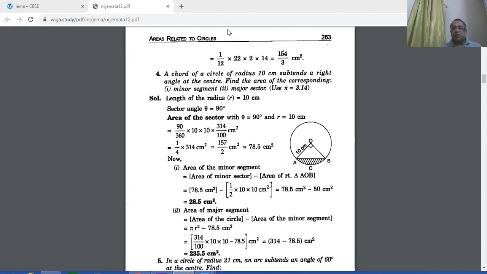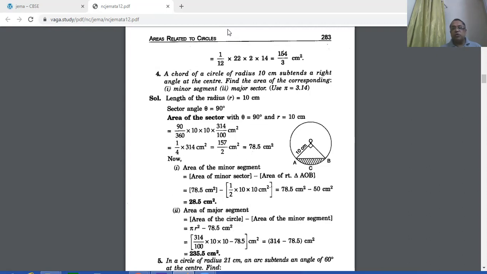We have already calculated this part, 314 by 4, 157 by 2, that is 78.5. So 78.5 into 3 will give you the final answer, that is 235.5 centimeter square, the area of the major sector.